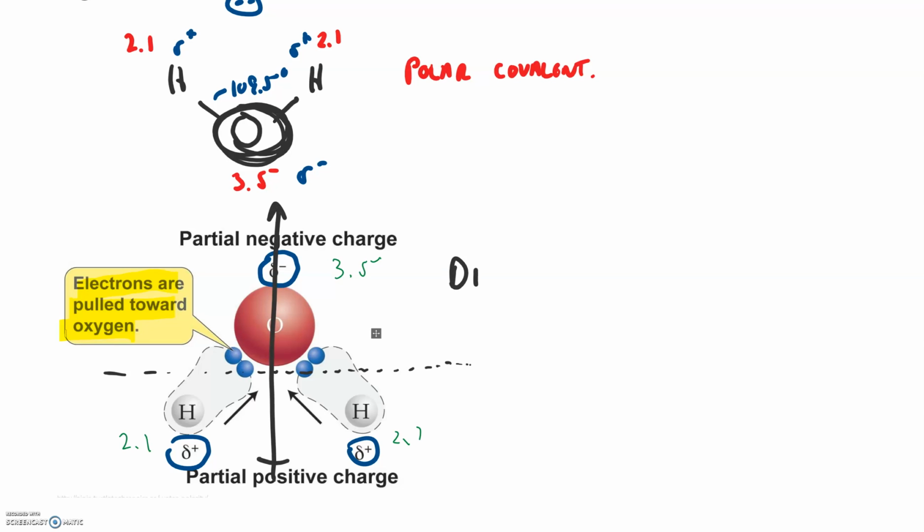And for water, it is particularly interesting, because it means that the negative end of one water molecule, the negative side being the oxygen atom, is attracted to the positive side of other water molecules, because opposites attract. I'll show you what we're talking about.